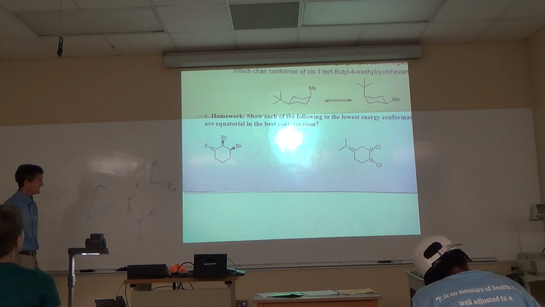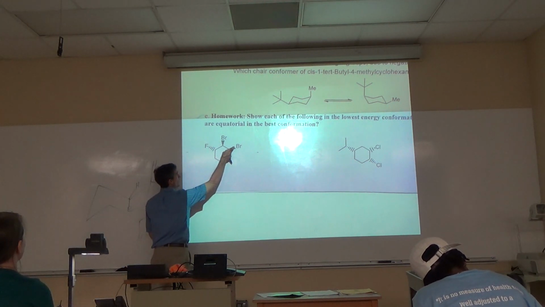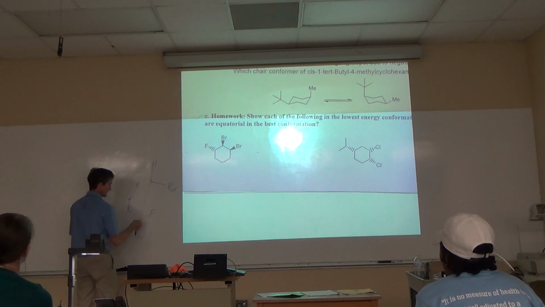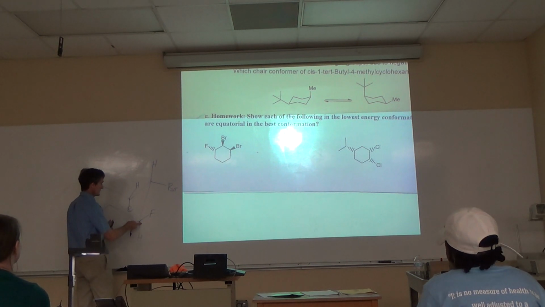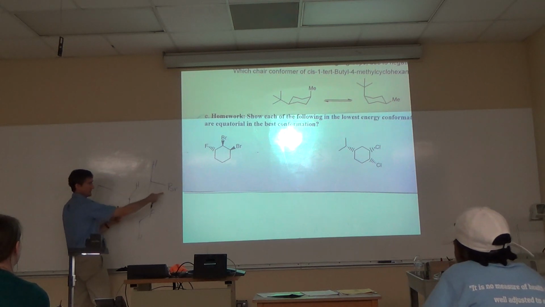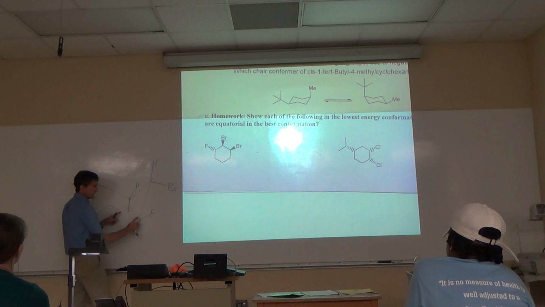Yeah? Is that the same compound? First, let's make sure it is. Is it 1, 2 bromine, 3 fluorine? 1, 2 bromine, then the 3 fluorine? If we consider it like that? Are the bromines actually cis here as they're supposed to be? Yes.